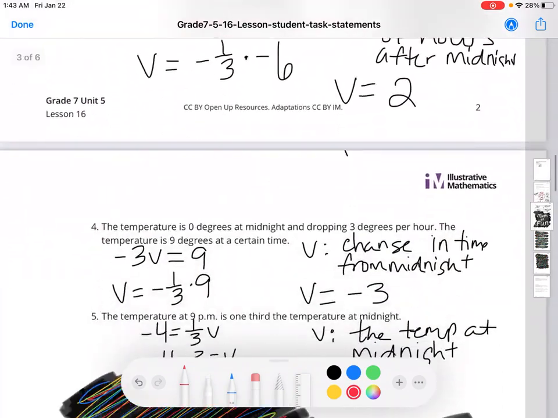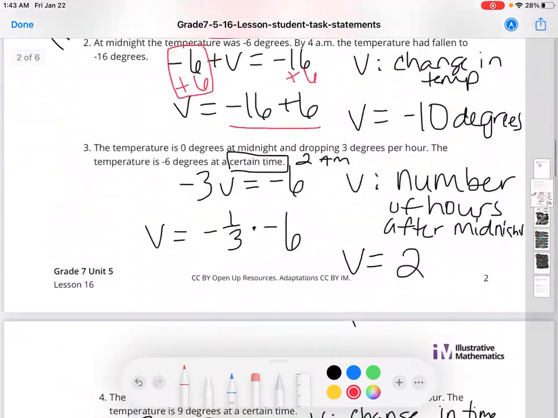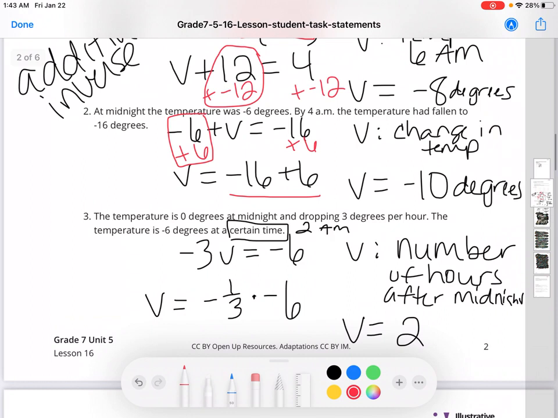So for number 3, 4, and 5, it used which property? It used the multiplicative inverse.